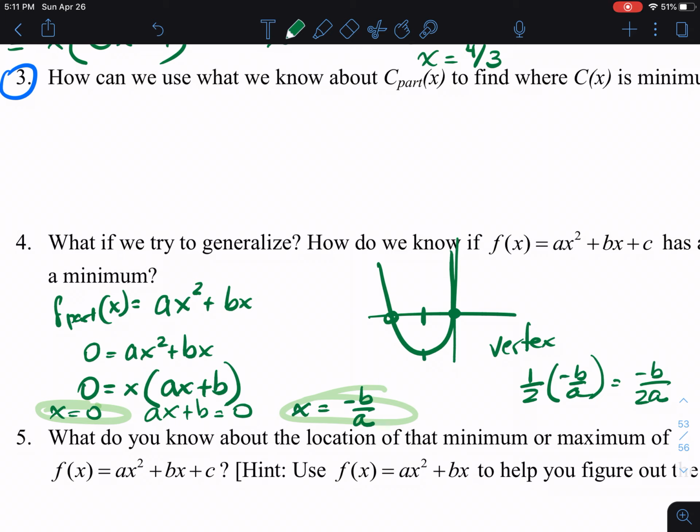Do you remember seeing this? Vertex at minus b over 2a? All of that comes from knowing the shifts and knowing that the parabola is symmetrical. So the vertex is going to be right in between the two x-intercepts.